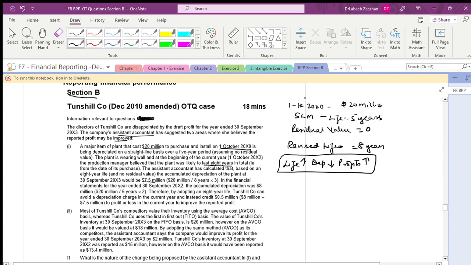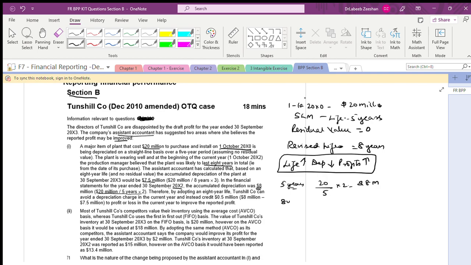In the financial year ended 2002, the accumulated depreciation, if it is for 5 years, is 20 divided by 5 into 2, which is 8 million.